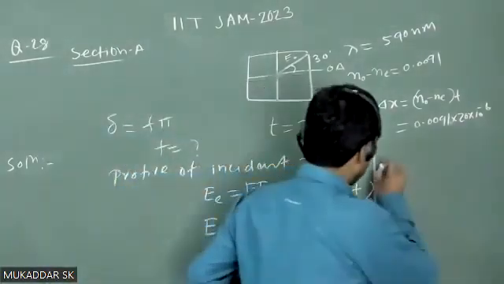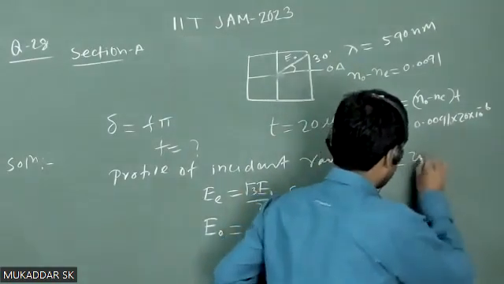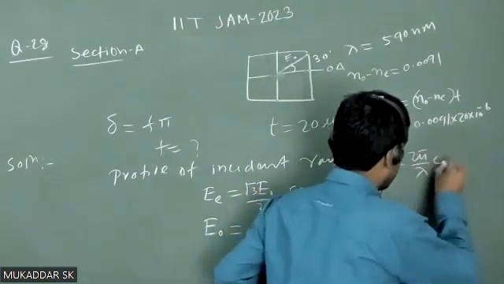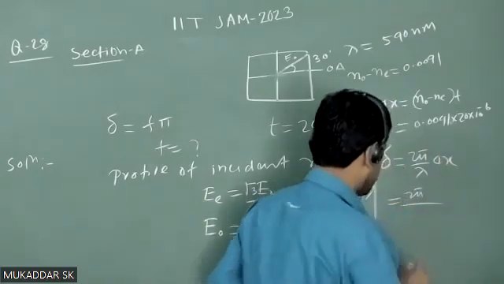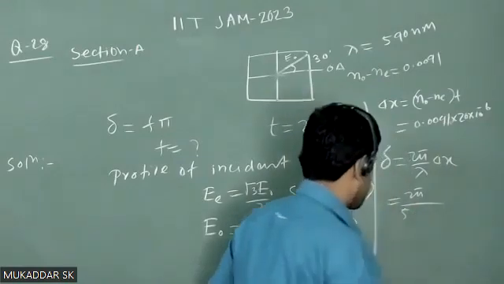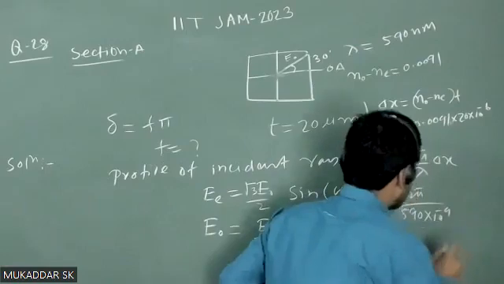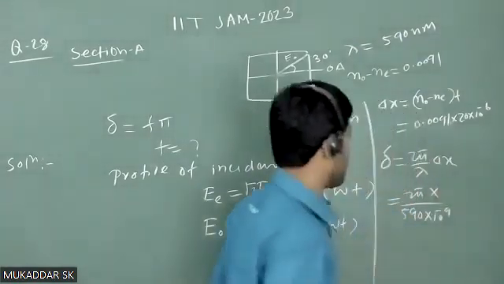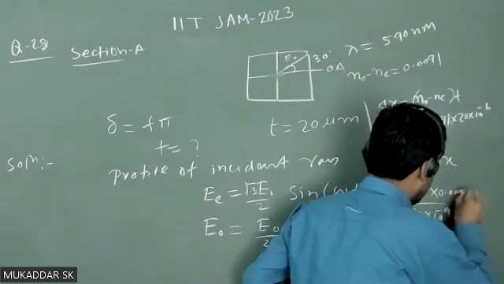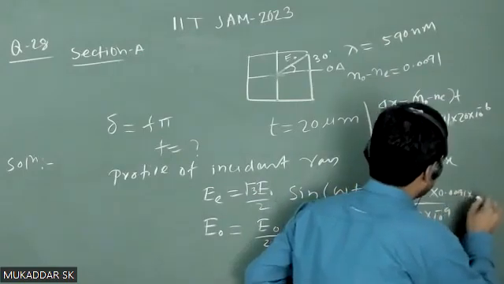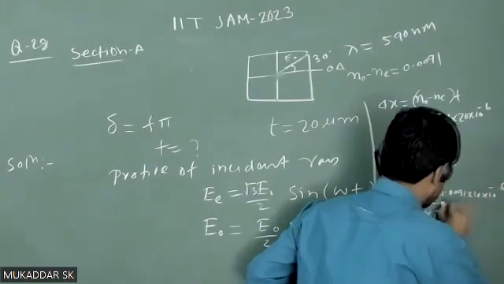The corresponding phase difference delta is 2 pi by lambda into delta x, as we know. Lambda is given as 590 nanometer, that is 590 into 10 to the power minus 9 meter, and delta x is 0.009 into 20 into 10 to the power minus 6.